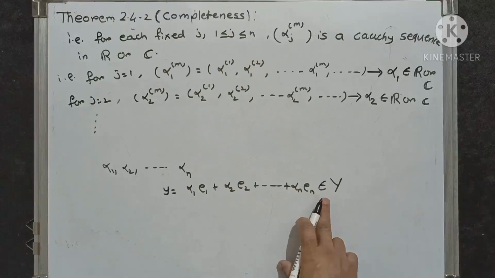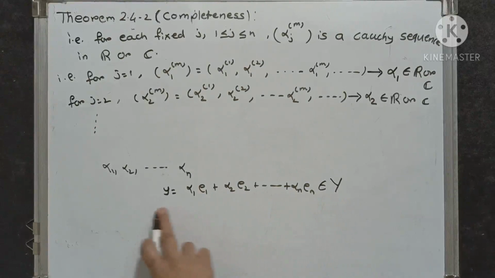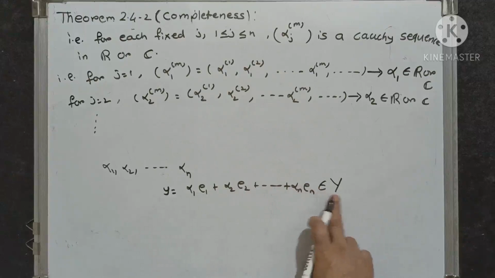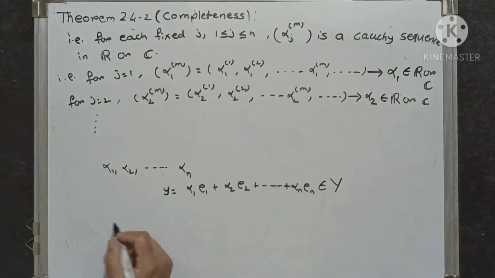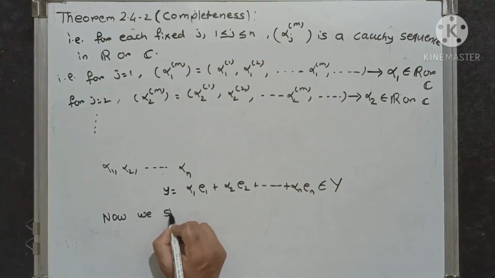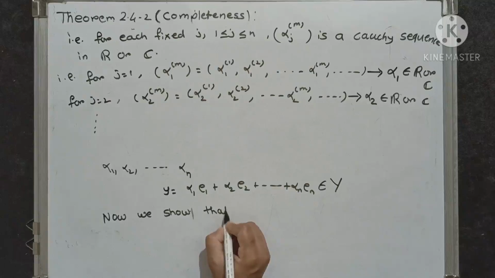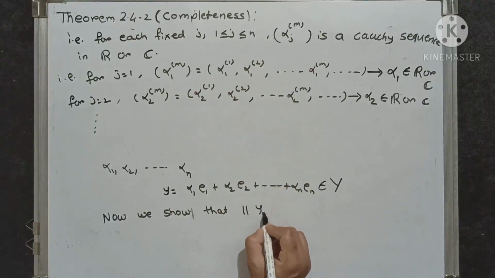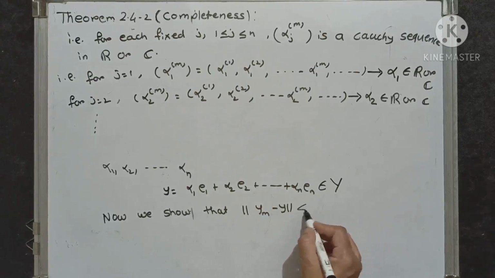As it is a linear combination of the basis for capital Y, that is e1, e2, up to en, it is an element of capital Y. After getting that element of capital Y, we now show that norm of ym minus y is less than epsilon.